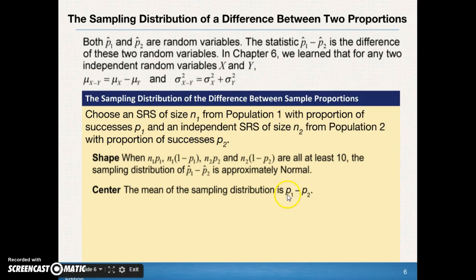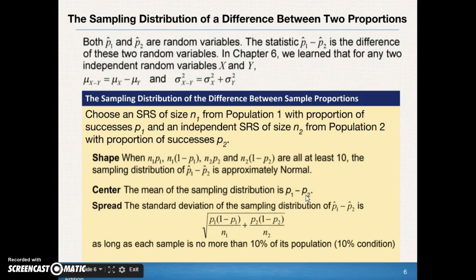The center is just the difference between your parameters. That's from Chapter 7. And then the spread, again, add together the variances and take the square root. And so that's how they were able to find the standard deviation, or the spread, of their difference. Again, it does still have to fit the 10% condition as well.